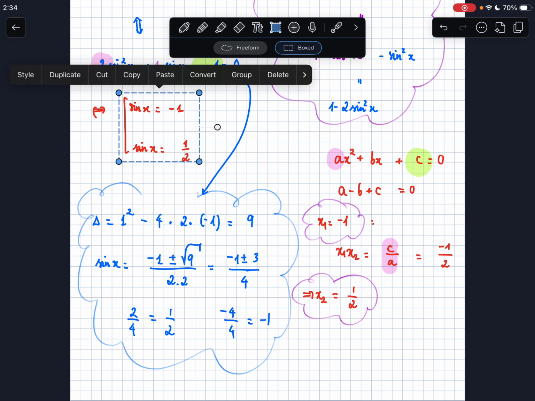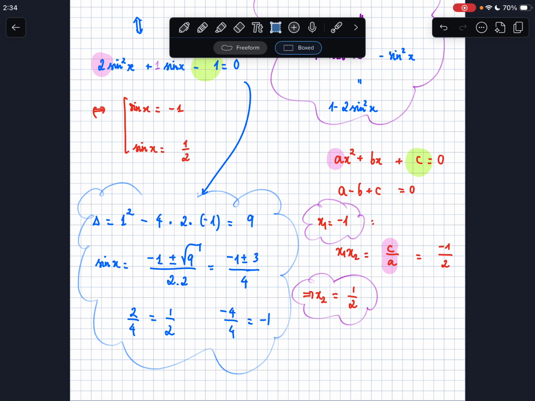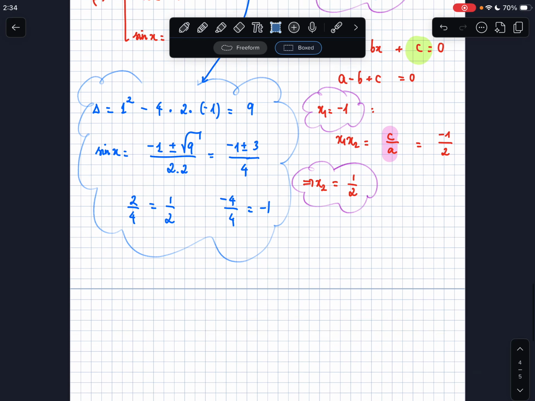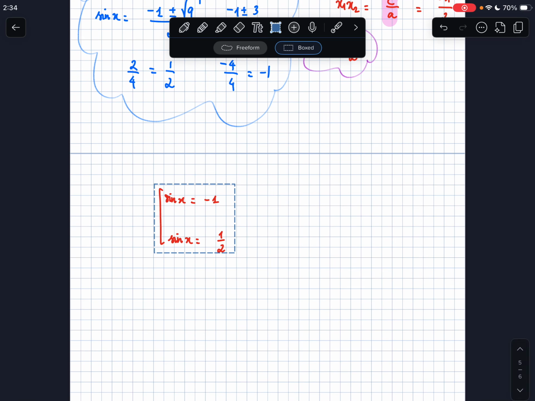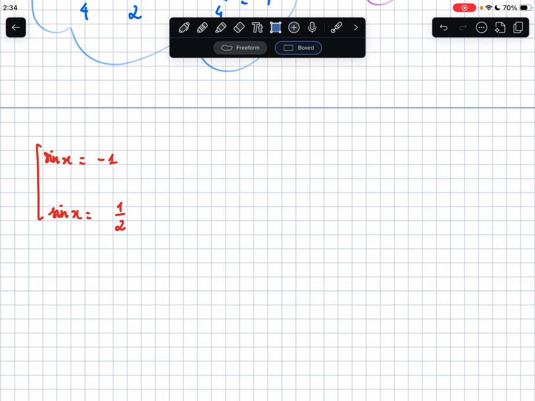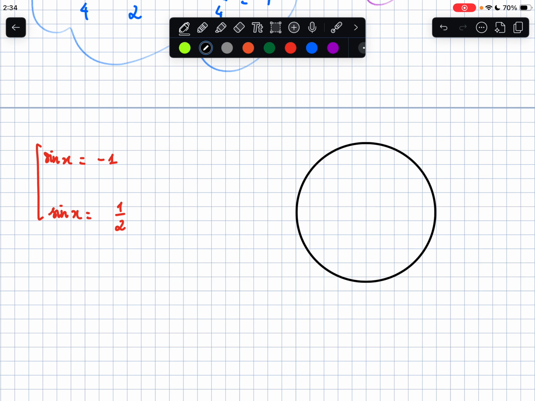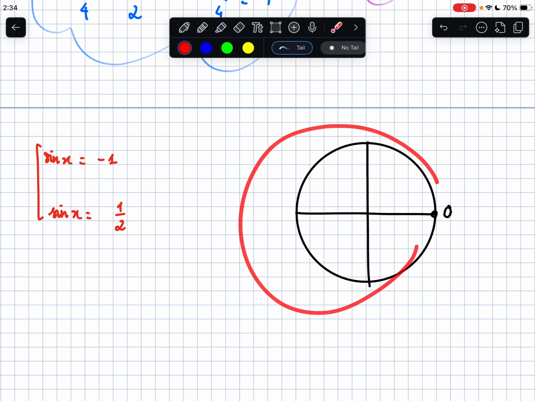Now with this, we find x between 0 to 2 pi. Zero here, go on a full circle to 2 pi.